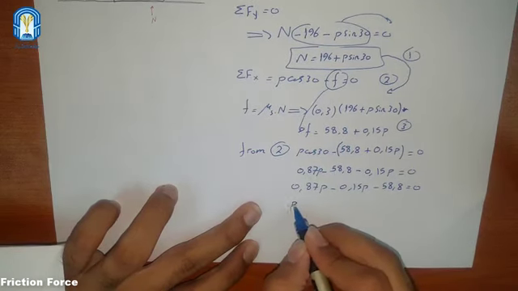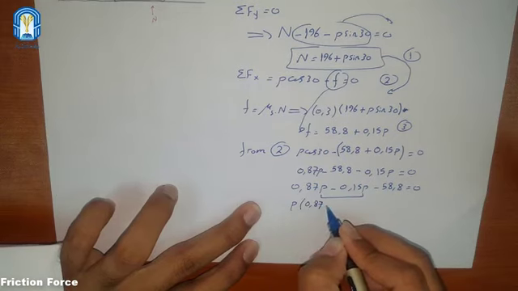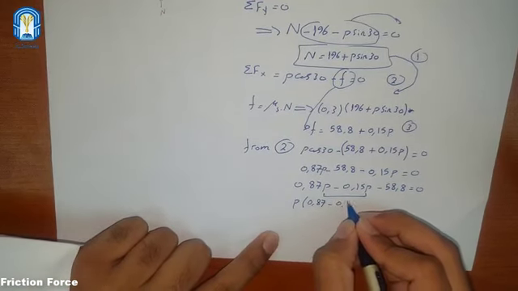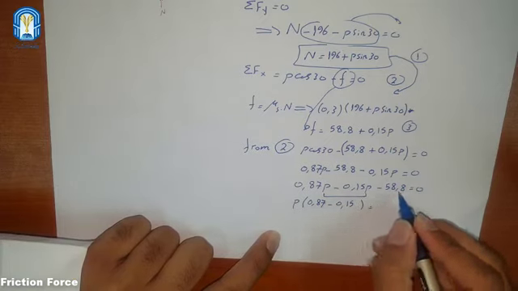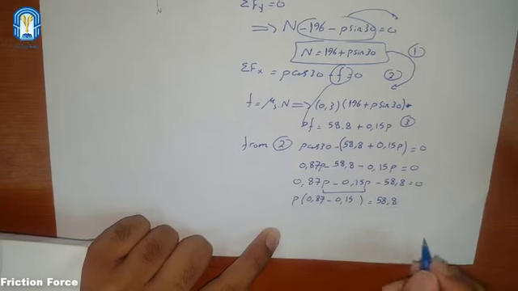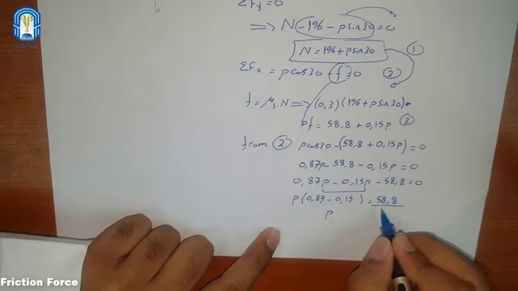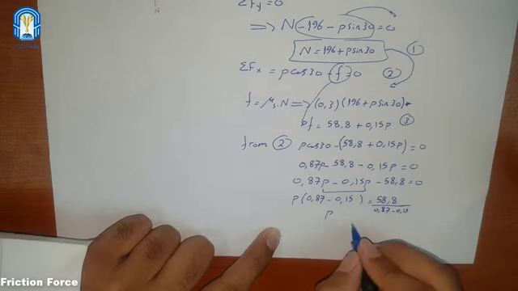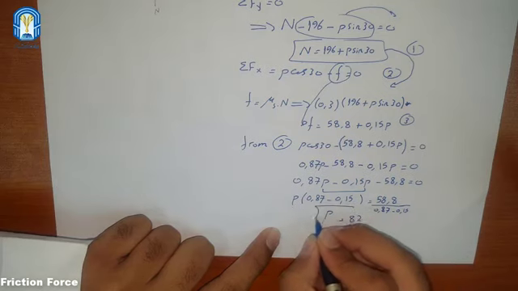We put the P's together: 0.87 minus 0.15, and we move the 58.8 to the other side. We will have P when we divide by 0.72, which gives us P is 82.